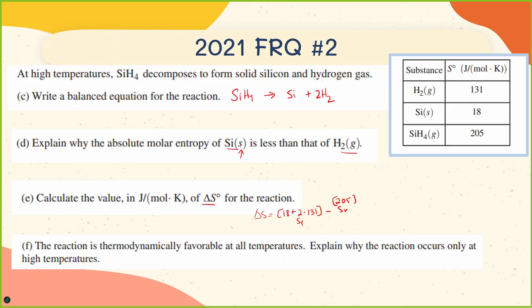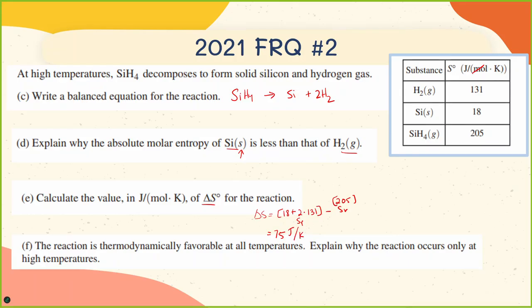So I got this equals 75. And remember, the moles cancel out because of multiplying by the moles in the equation, so the units really should just be joules over K.